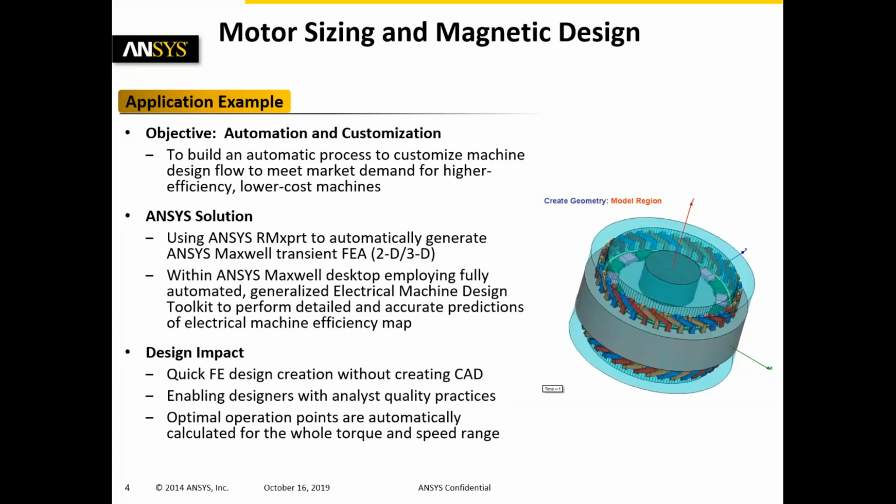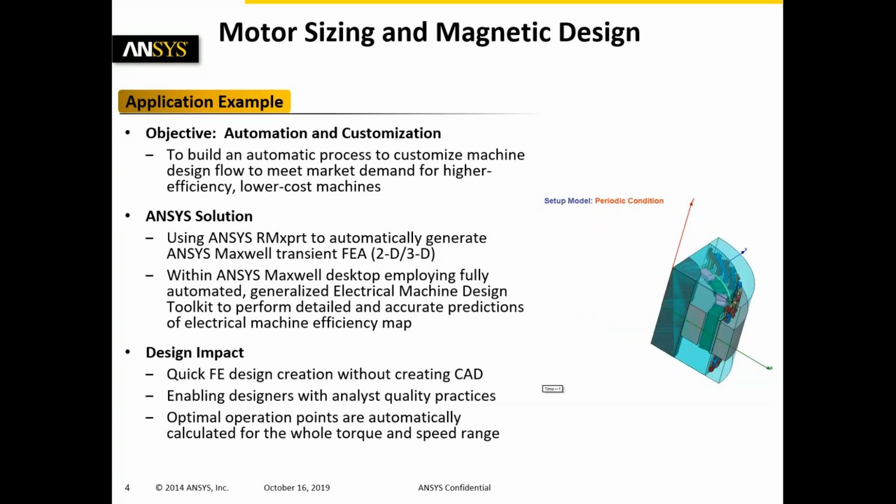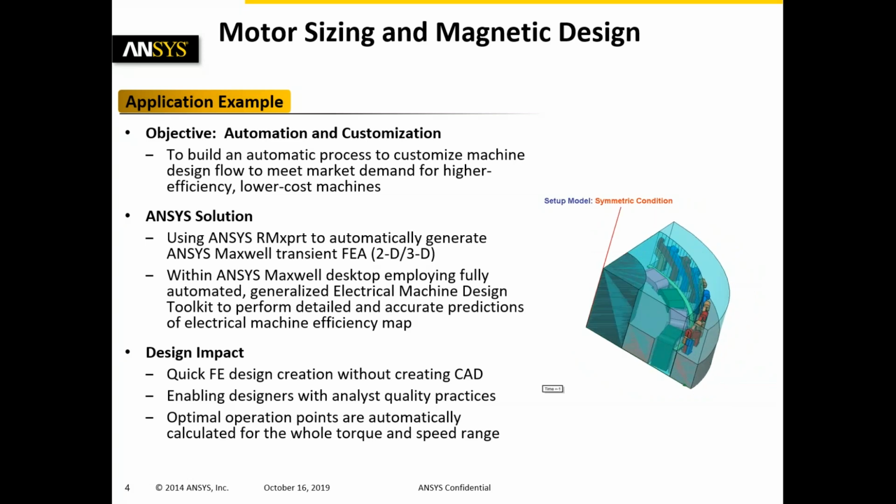So with this capability, this will also enable designers with analyst-quality practices, so that the tool is not only limited to simulation engineers, but also design engineers. And lastly, the optimal operation points are automatically calculated for the whole torque and the entire speed range.